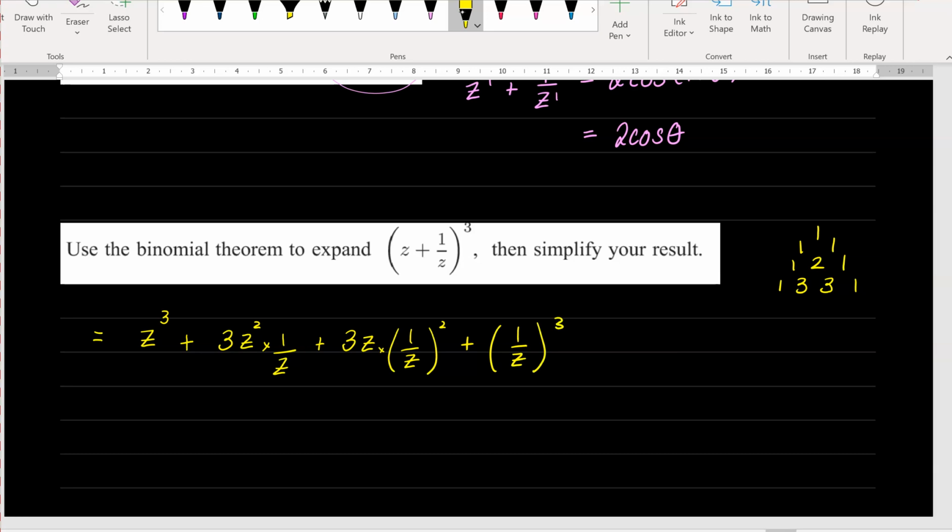Don't forget, simplify. So we've got z cubed, z squared divided by z gives me plus 3z. 1, you square the top and the bottom, 1 squared is 1 over z squared. So this now becomes 3 over z. And last but not least, we've got 1 over z cubed. So that's our beautiful binomial expansion, going along nicely.